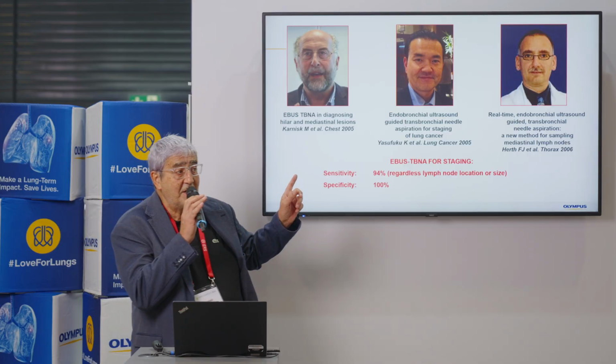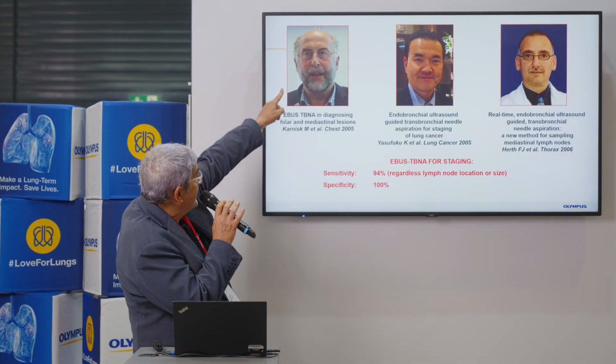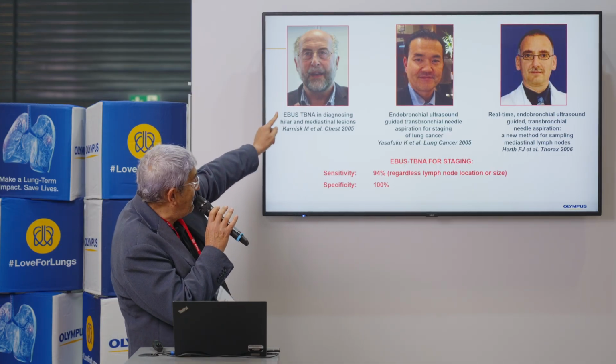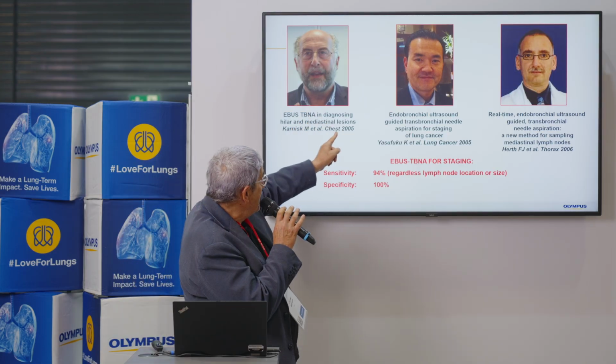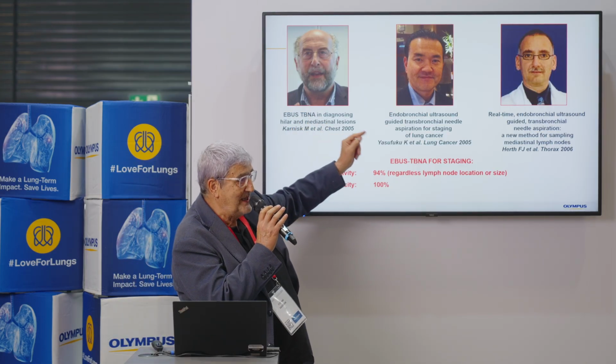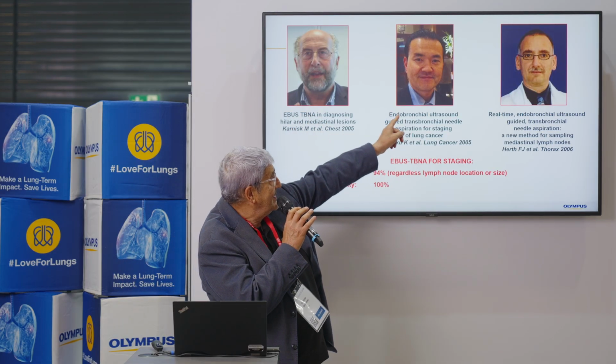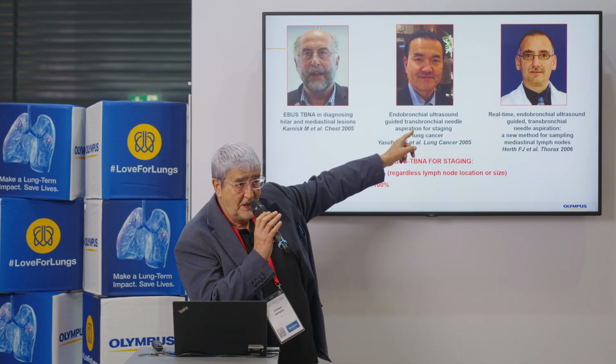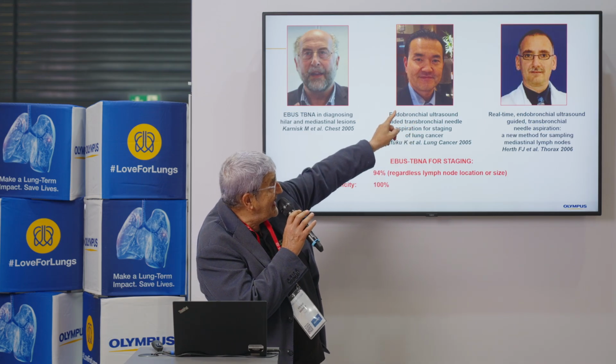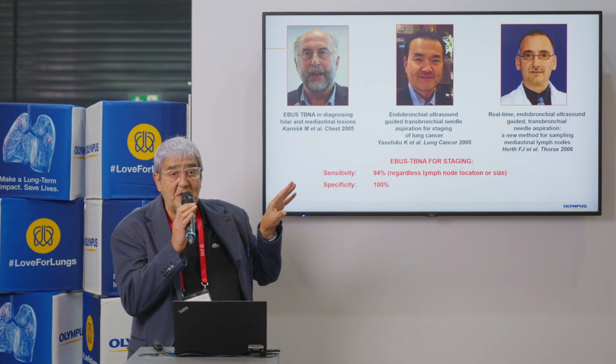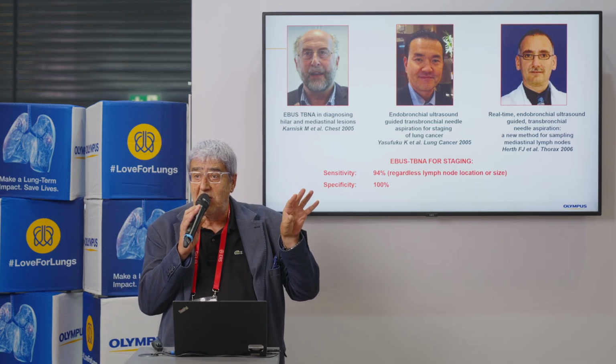These are the pioneers. Mark, you are here, the first paper. Probably you have another one in 2003 that you showed us. Kazu from Canada and Felix Sert published the first paper on EBUS-TBNA.